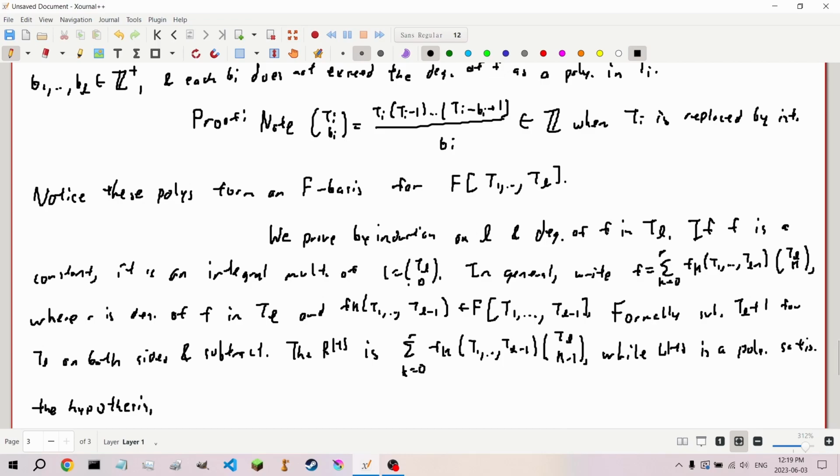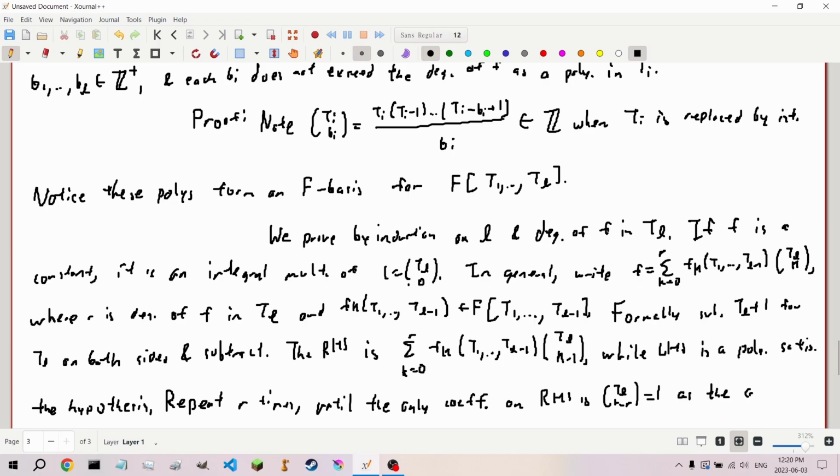Now we can repeat this process r times until the only nonzero coefficient on the right hand side is t_l choose r minus r, which is t_l choose 0, so that's 1.